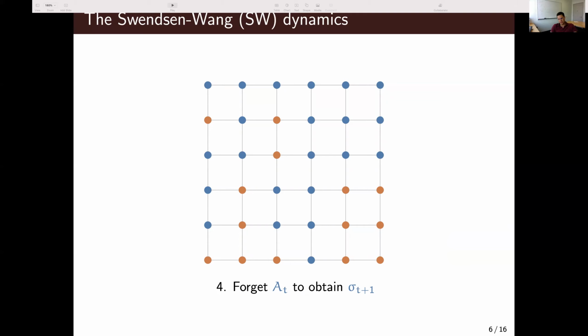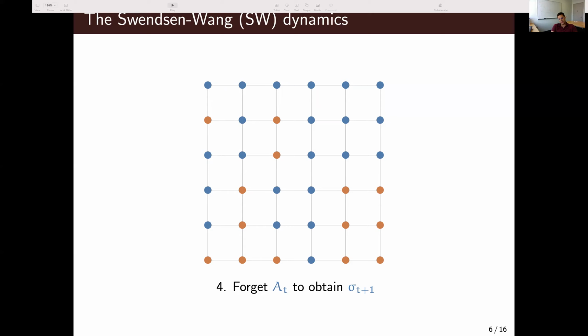As you can see, this is quite a sophisticated Markov chain. The steps are quite complex, quite global. Every spin can potentially change in one step. But the important thing is that it has the ability of flipping large clusters. Let's say from a mostly blue configuration, it can very easily flip to a mostly red configuration, because it's choosing the colors at random for each connected component.